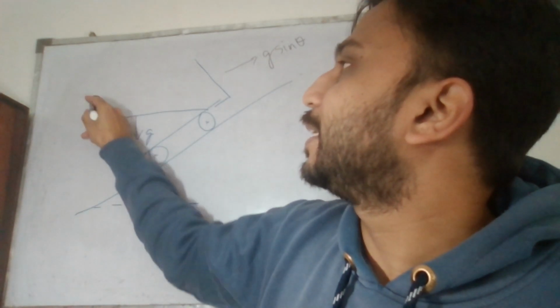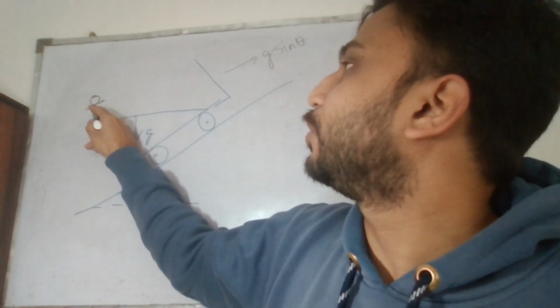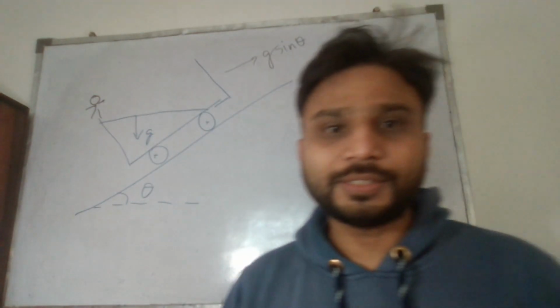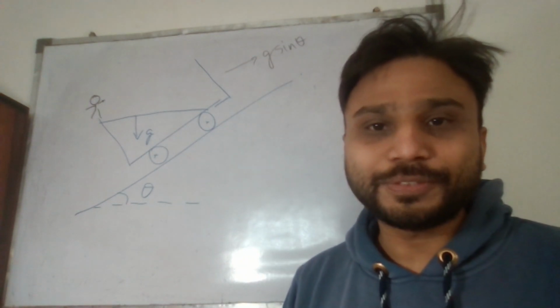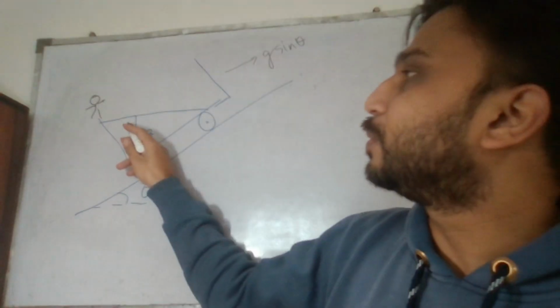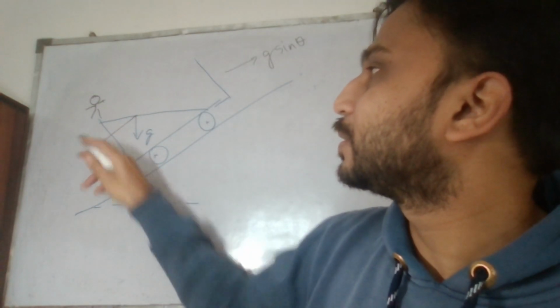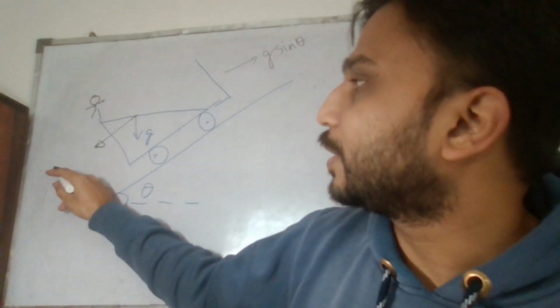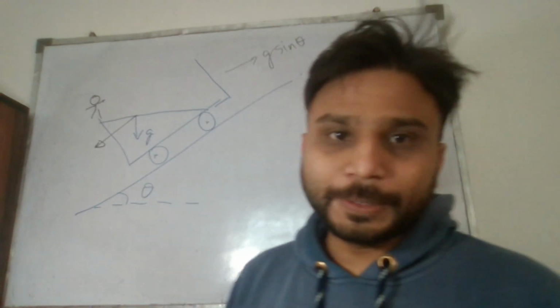So let us sit in the frame of reference of this container which is going up. So we can take a pseudo force. That pseudo force acts like this. That is how we have learned it.